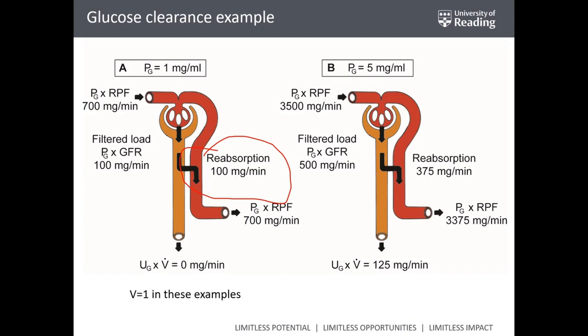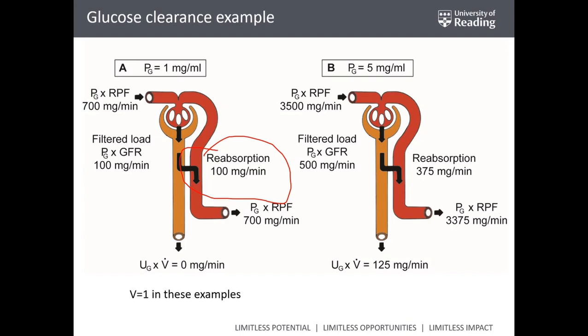So if my filtered load is equal to the plasma concentration of glucose times the glomerular filtration rate, which is equal to 500 mg per minute, but then my reabsorption is only 375 mg per minute, because that's the limit of my reabsorption rate, because the kidneys are not made for reabsorbing all that amount of glucose, then my urine levels of glucose in time will be equal to 125 mg per minute.